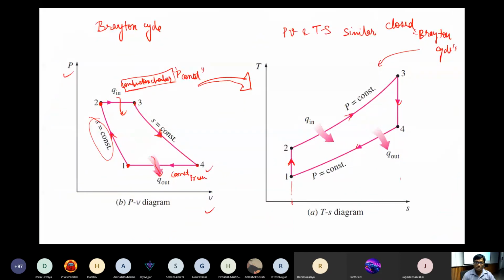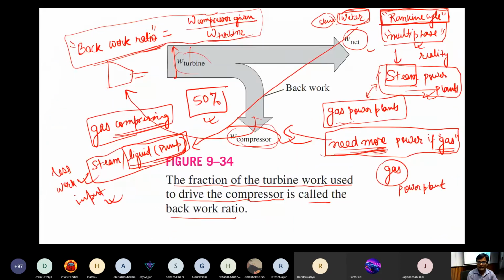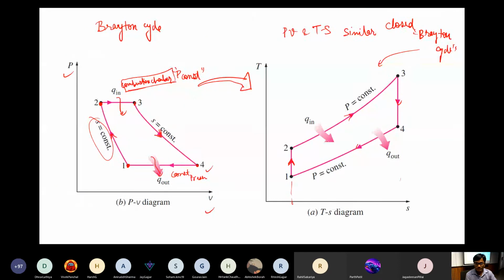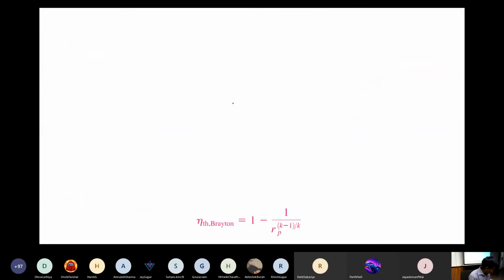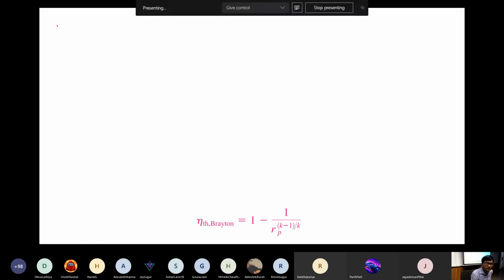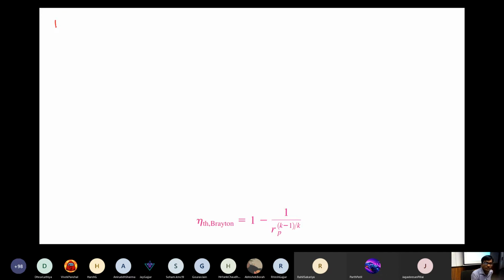Okay. So now let's come back to the thermodynamic analysis of this Brayton cycle. We can do a similar thermodynamic analysis. Let me come back here. So we have process 1 to 2.